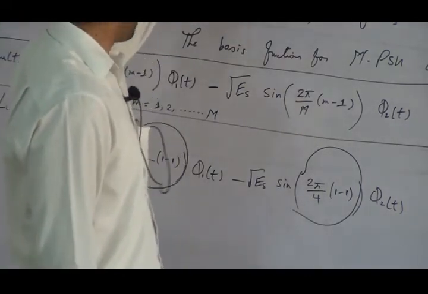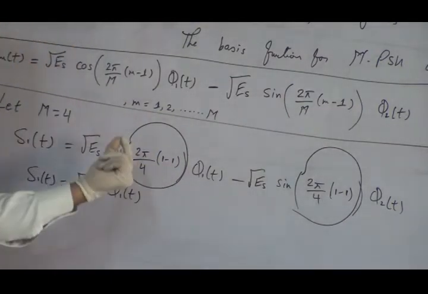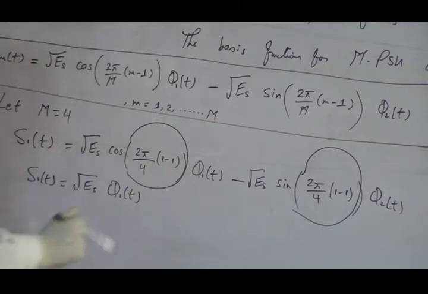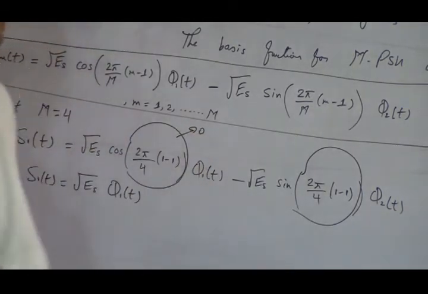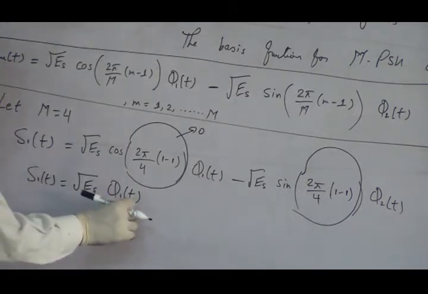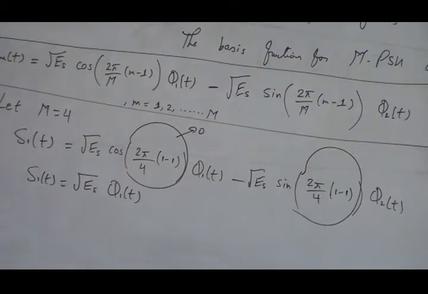So the phase comes out to be, for small m equivalent to 1, 0 degree. So S1 of t is equivalent to under root Es phi 1 of t. You will understand the meaning of this 0 degree shortly.